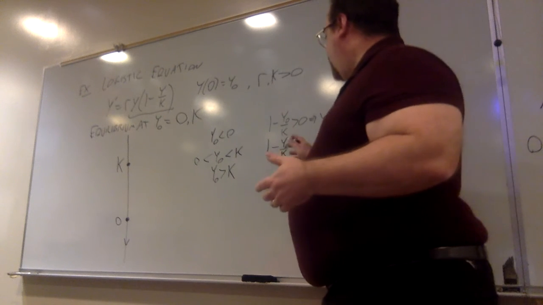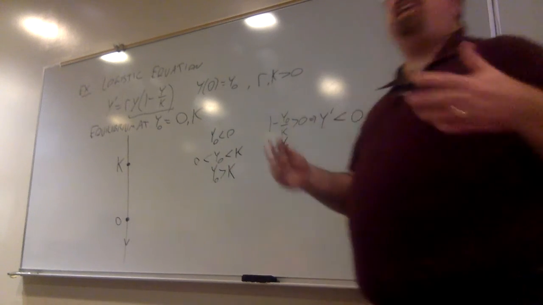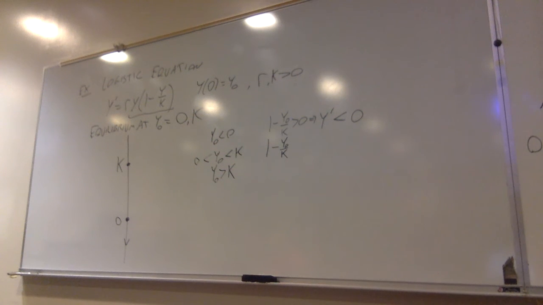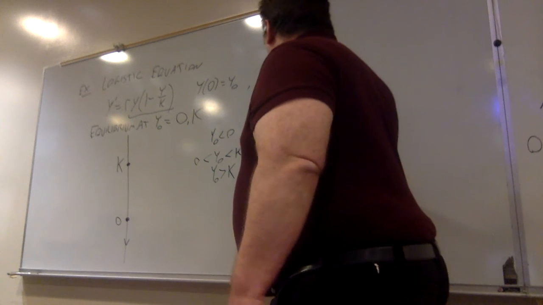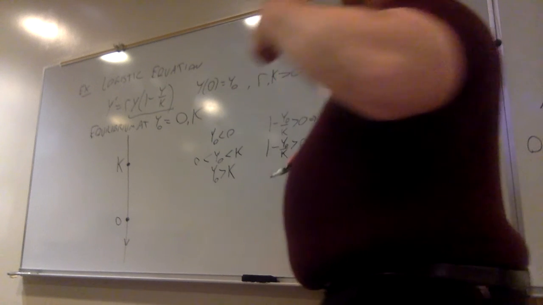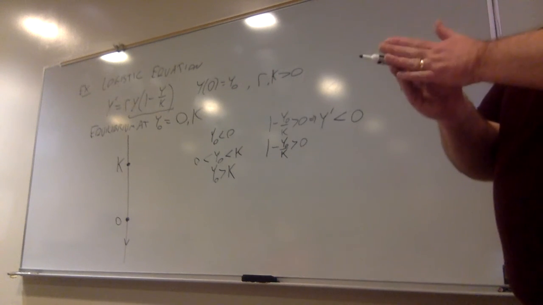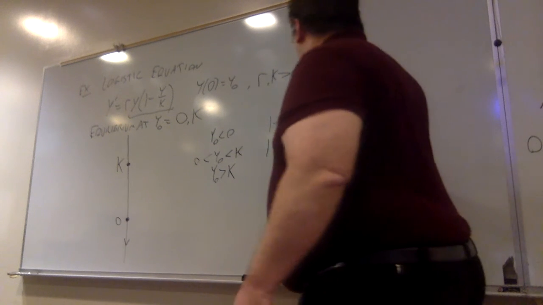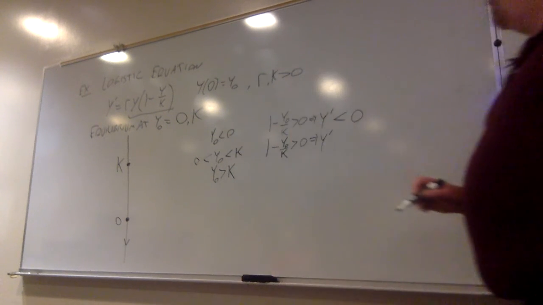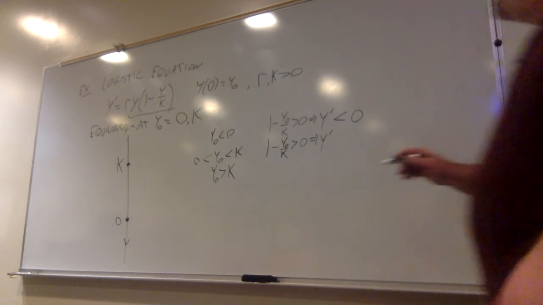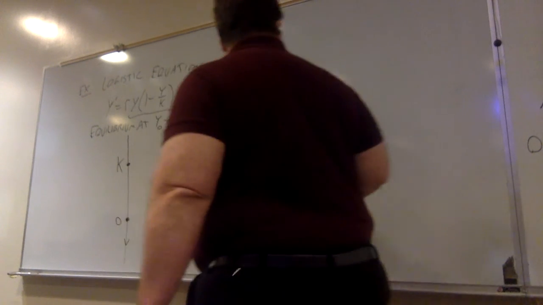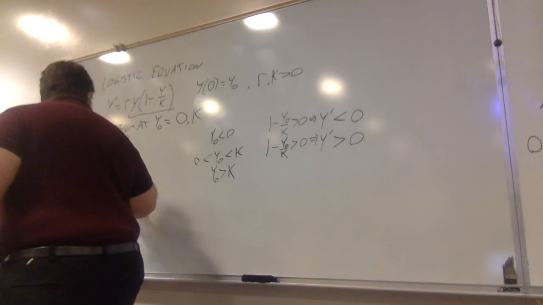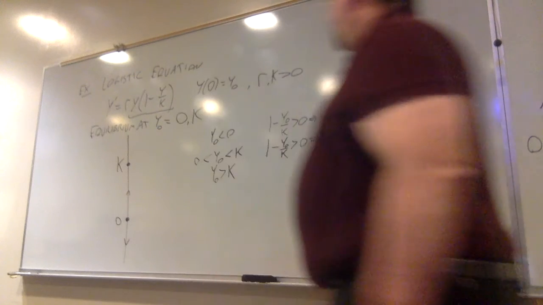This is where you take into account that y naught is not only positive, but also less than k. Because y naught is strictly less than k, y naught over k will be less than 1. What you're subtracting off is not large enough to overwhelm it. So that is still positive. So what can we say about y prime as a whole? It's going to be positive. Every factor now is positive. Okay. So we have an arrow there that covers this whole region between 0 and k.